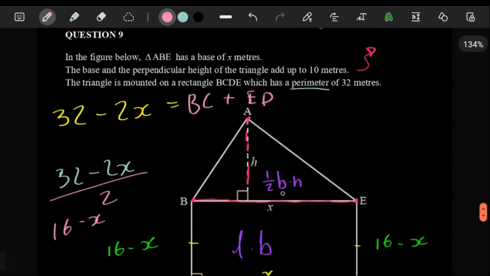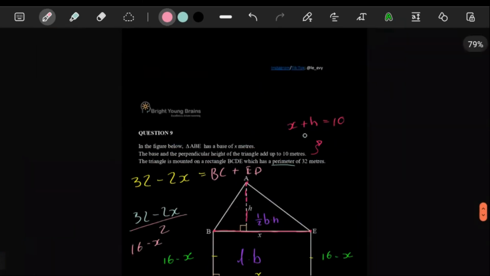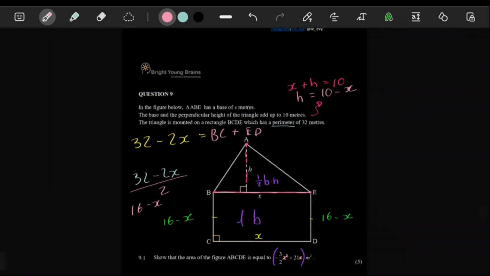So our base is simply x, but our height, we have to write in terms of x. This is where this statement comes in, because it allows us to make h the subject of the formula, which we can write as 10 minus x.